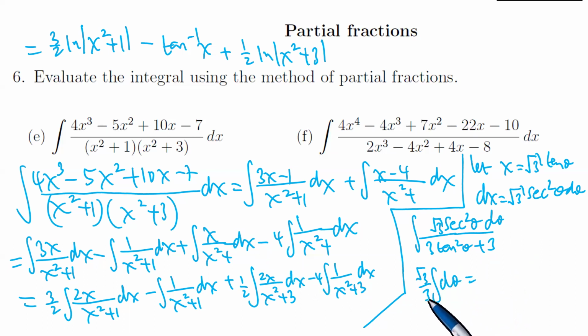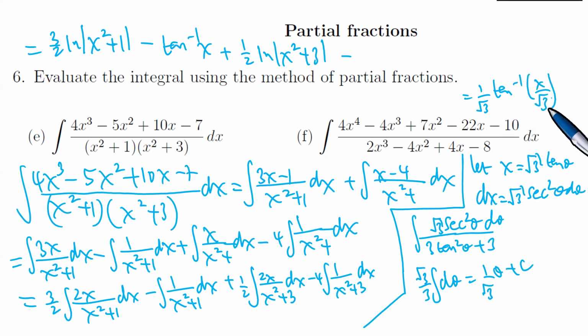Okay, the square root of 3 over 3 is going to be 1 over the square root of 3. Making this one here, it's going to be 1 over the square root of 3 times theta plus c. The theta is arctan of x over the square root of 3.